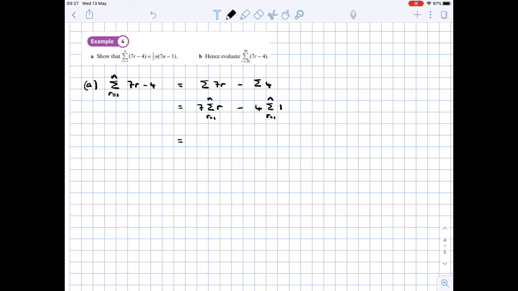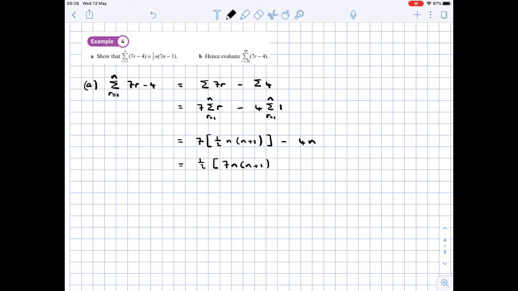So now we can go, well, this is 7 times, using our formula, a half times n plus 1, minus 4, and the sum of 1 n times is just n. So expanding that out gives us a half. Let's take a half as common. So then we can have 7n, n plus 1.